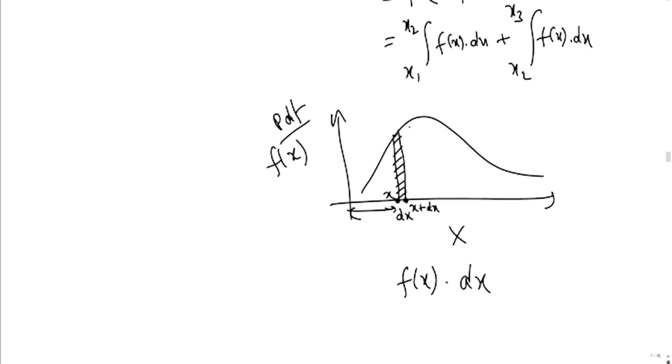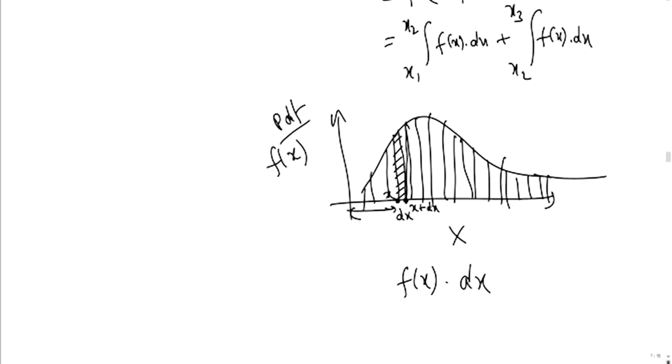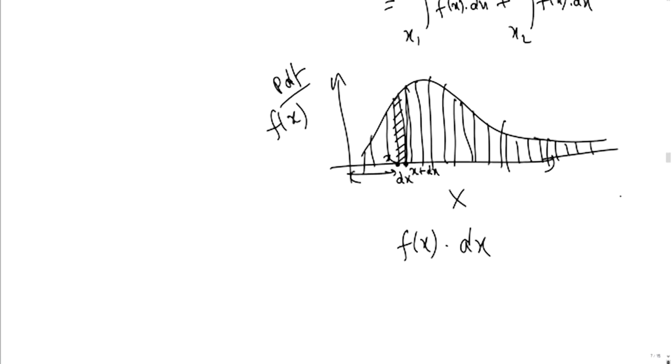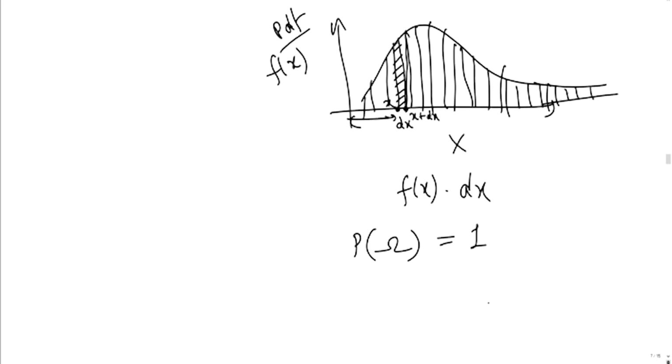If I keep on adding such strips of width dx and sum them up, what would I get? The point is that the probability of the whole space, all possible outcomes between 0 and infinity, basically the probability of the sample space, is equal to 1 according to the second axiom.